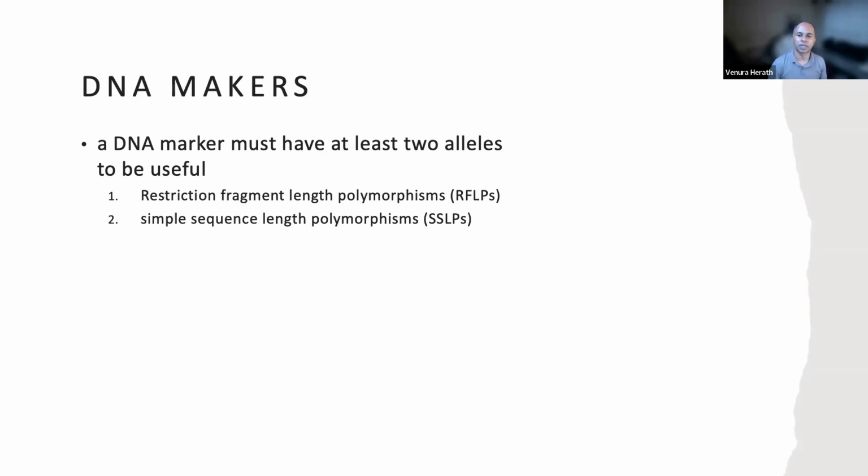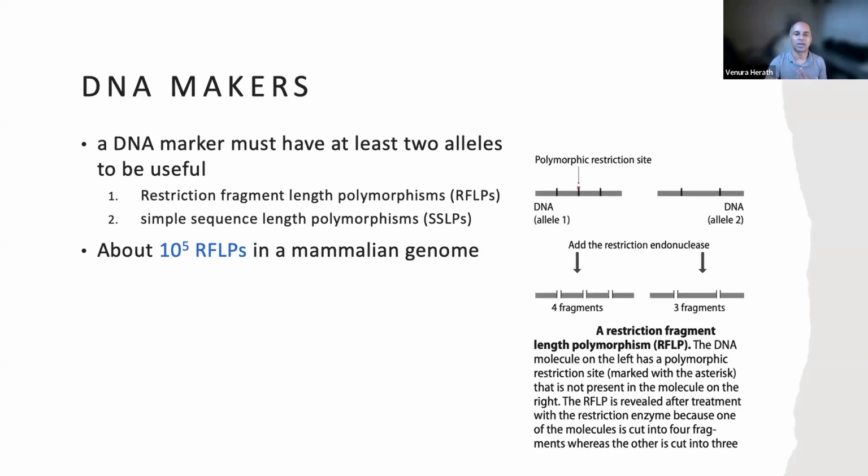Okay, so when you think about mammalian genomes, they have around 10 to the power of 5, so that means 100,000 RFLPs in the mammalian genome. And we can use this to our advantage. Now you're thinking, what is restriction fragment length polymorphism?